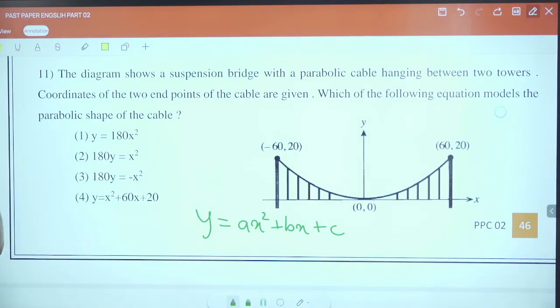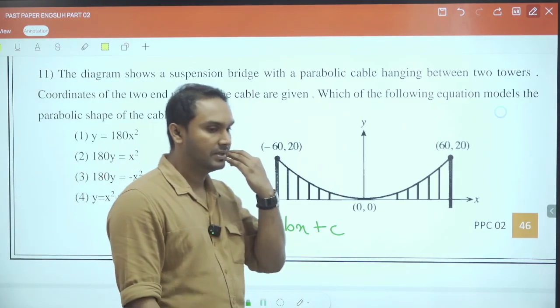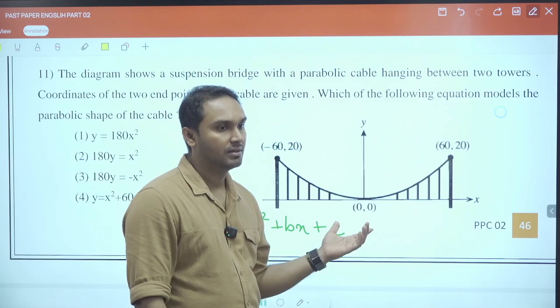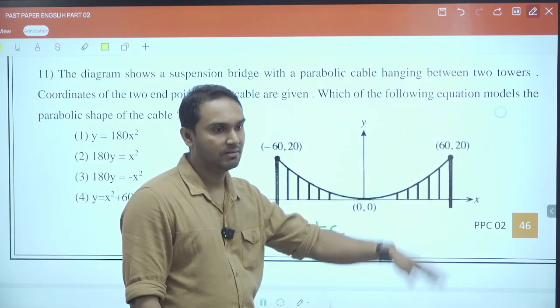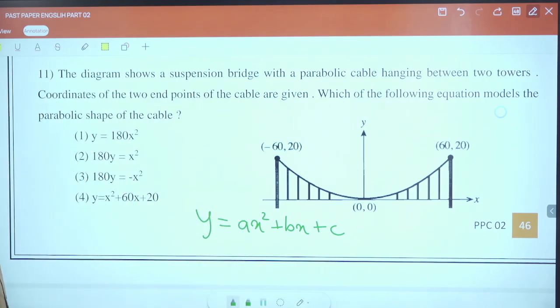But were there any methods given to find the formula of the graph when the coordinate values are given? No, there wasn't. You have to have the proper memory.